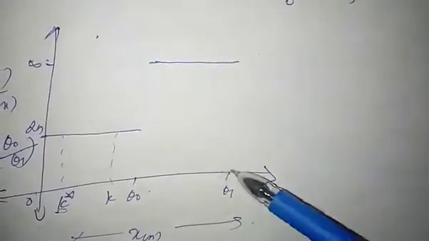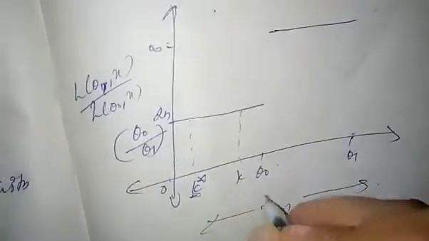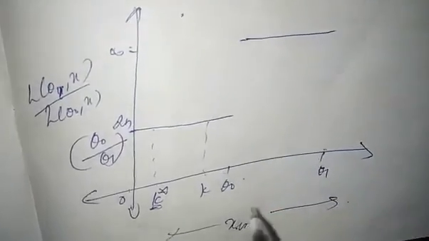The test function for testing h0 versus h1 is phi of xn equal to 1 if k < xn < theta naught, or theta naught < xn < theta 1 in the first test function.